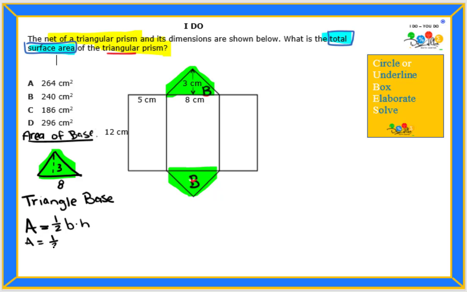That's going to be half times our base was 8 and our height was 3. So half times 8 times 3 is 24. So the area of our base is half of 24, which is 12, and our units are in centimeters, so squared centimeters.